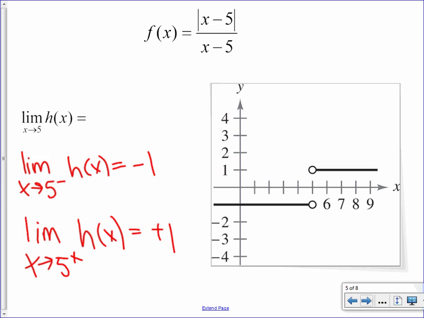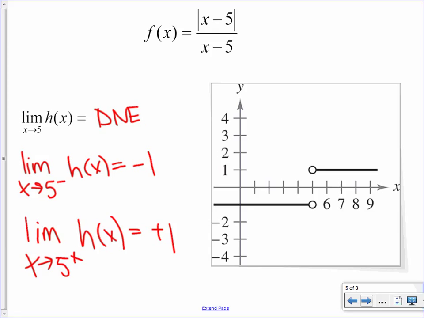So what does it mean about the limit as x approaches 5? It doesn't exist. Okay? I'd like you guys to remember this graph. It will help you when you see a problem like this, where you have the limit as x approaches something with the absolute value over x.